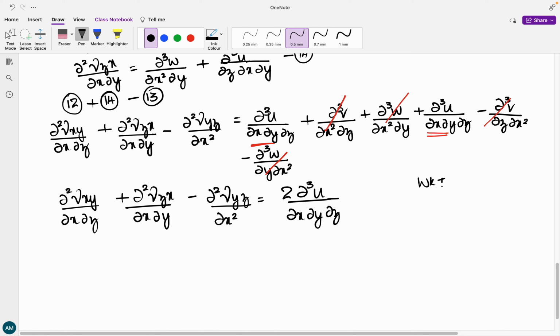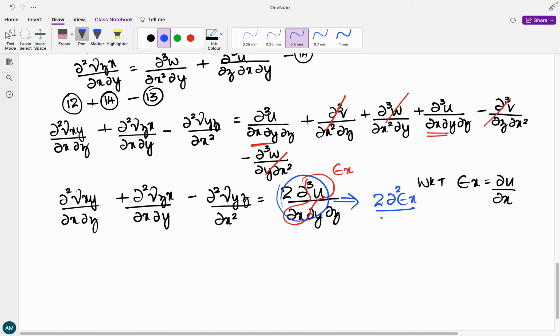We know that εx is ∂u/∂x, so I can replace this, and the whole term can be rewritten as 2 times ∂²εx/∂y∂z.